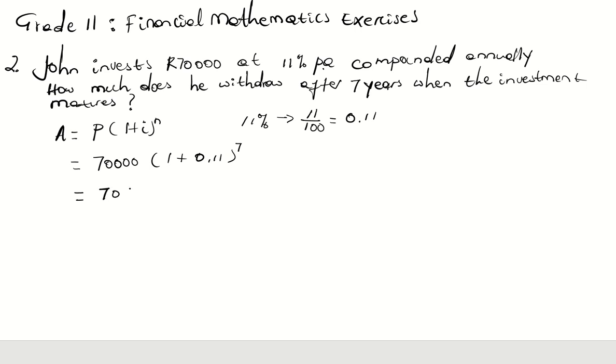So this is basically 70,000 Rand multiplied by 1.11 to the exponent 7. Okay? Punch this into your calculator. See that you know how to punch it in right. And compare answers with what I get.